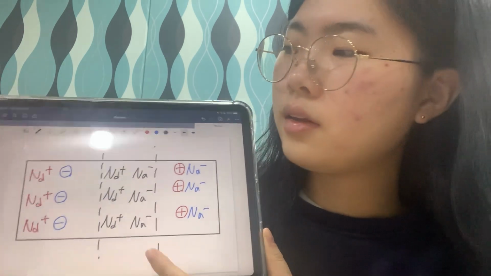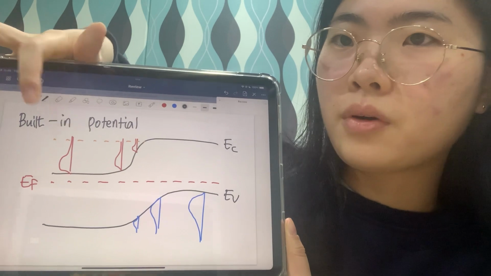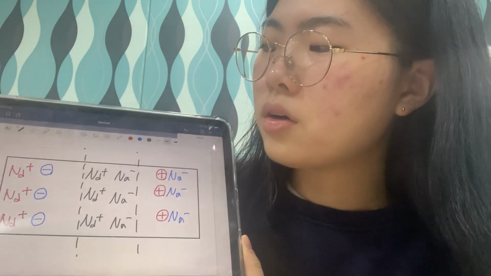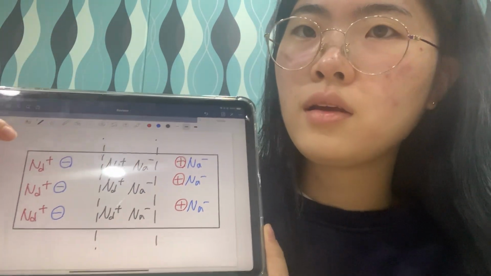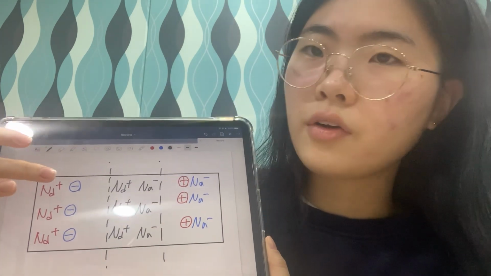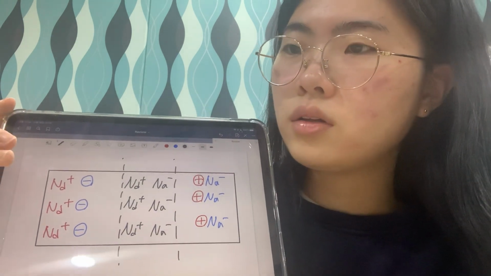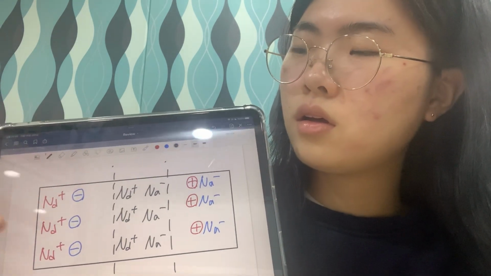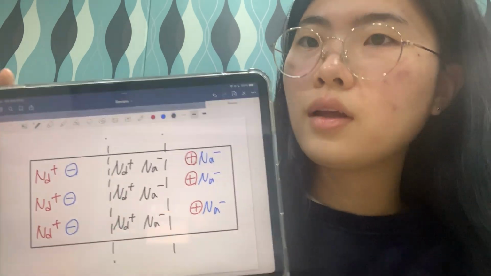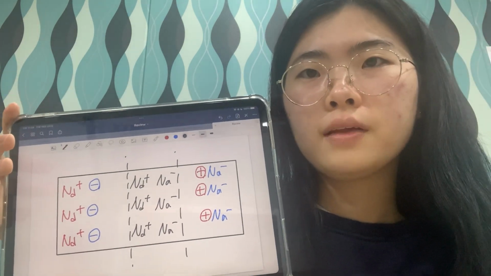In the left side, this left part, fixed charge and carriers coexist.